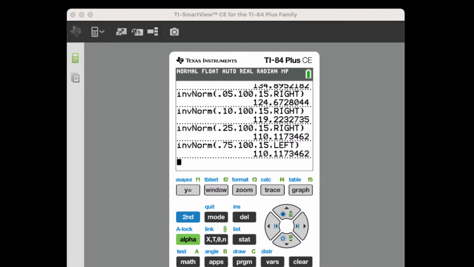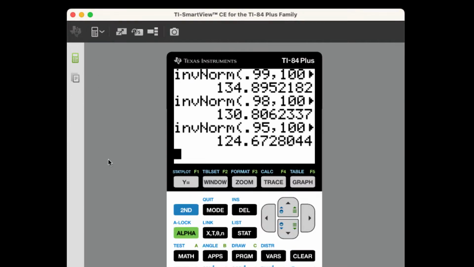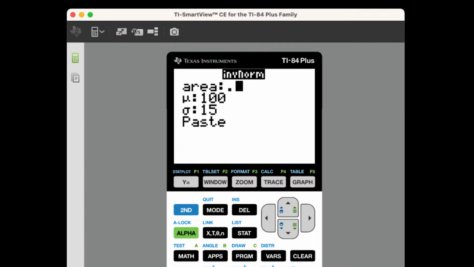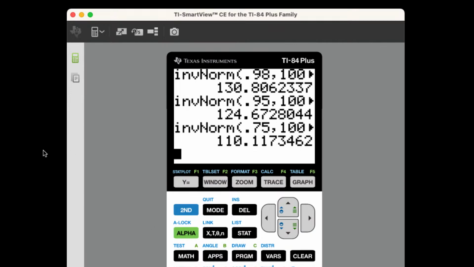Do you know the definition of P75? 75% of the data is behind it, but 25% is in front of it. If it was the older calculator, second distribution, inverse norm, you'd use that 75% area to the left. What do you think you got?